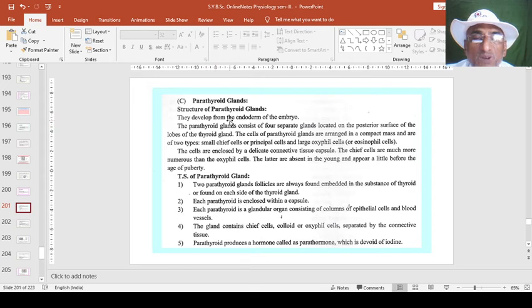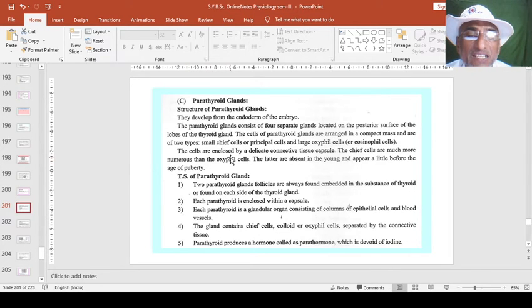They develop from the endoderm of the embryo. The parathyroid gland consists of 4 separate glands located on the posterior surface of the lobes of the thyroid gland. The cells of parathyroid glands are arranged in a compact mass and are of 2 types: small chief cells or principal cells, and large oxyphil cells or eosinophil cells.